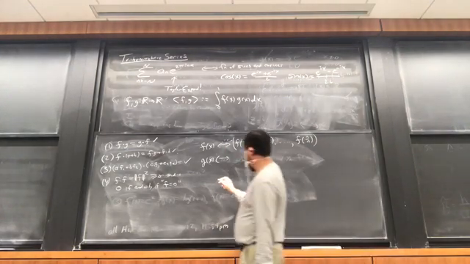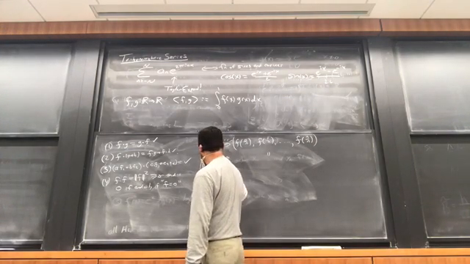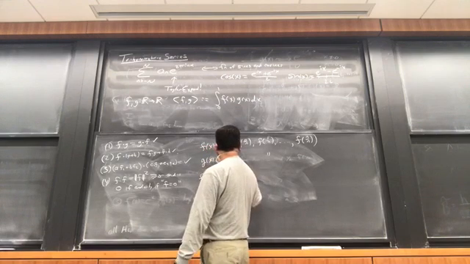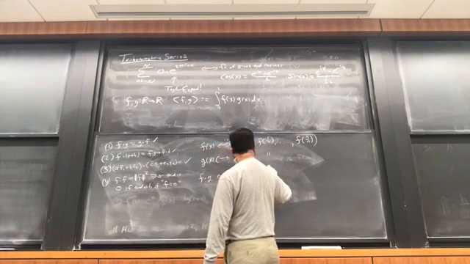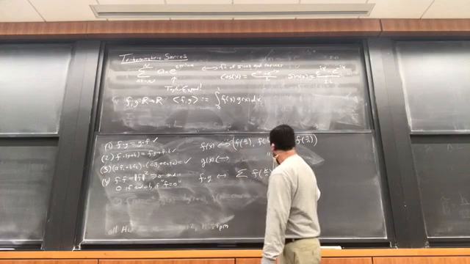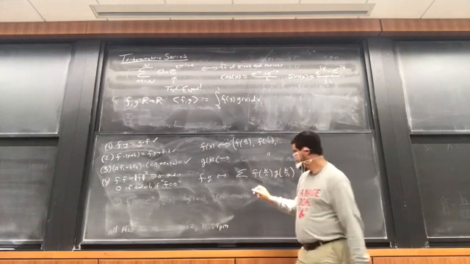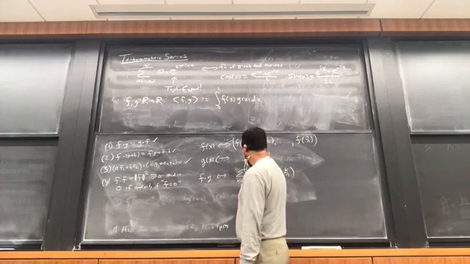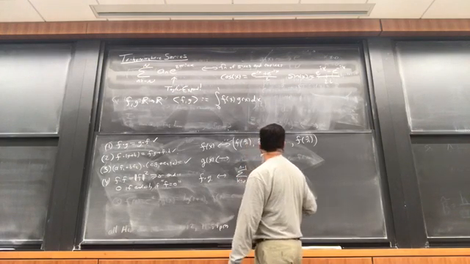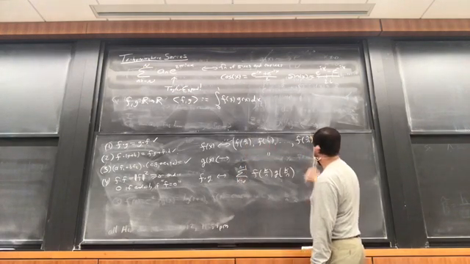And now if I look at f dot g, this is like the sum of f of k over n times g of k over n, k goes from 0 to, let's say, maybe go up to n minus 1.